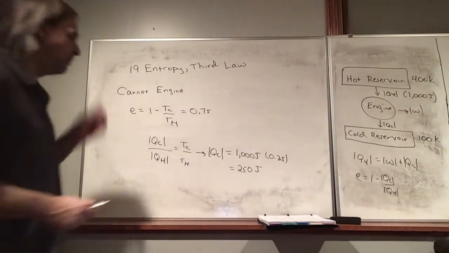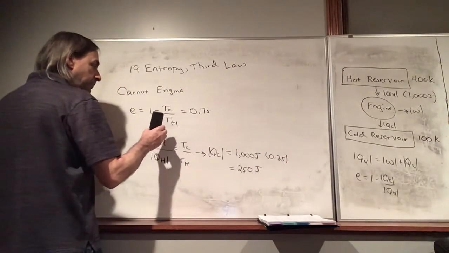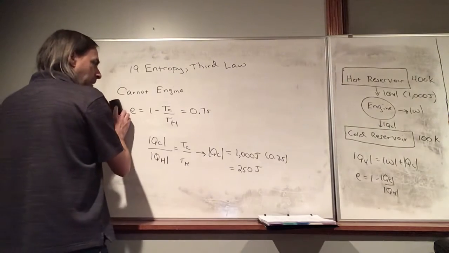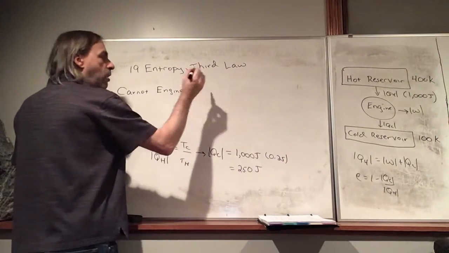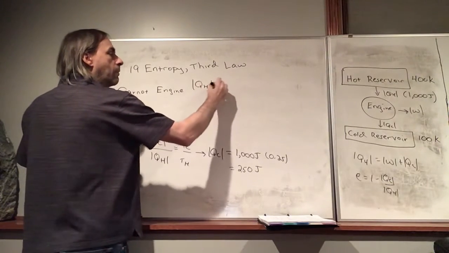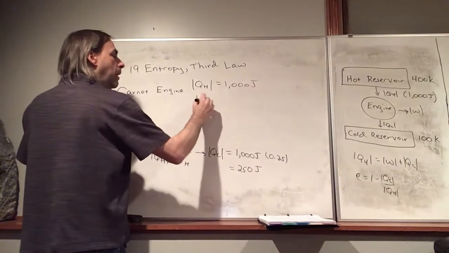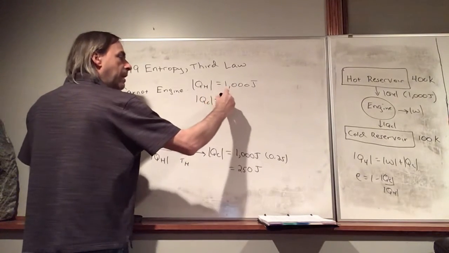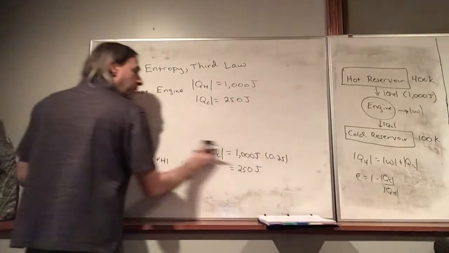Now, what I want to do is calculate, I'm going to erase this. So here, for our Carnot engine, QH is 1,000 joules, and we found QC in this case would be 250 joules.